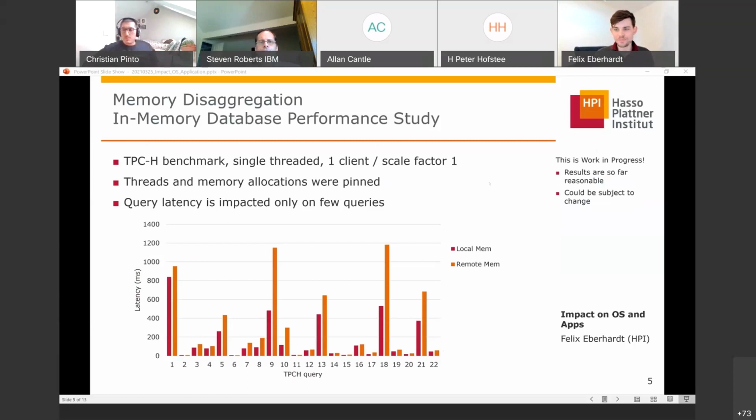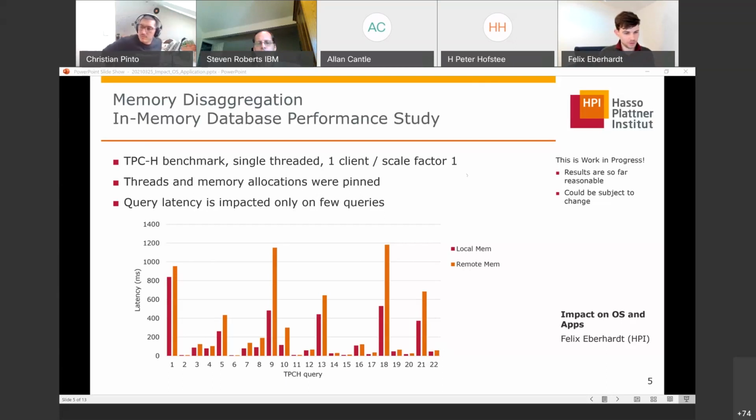So first, let me say, of course, this is work in progress. So the results we have, and I will present to you so far, are reasonable, but well, they could be subject to change. So we basically pinned all the threads and the memory allocations to get these two scenarios.